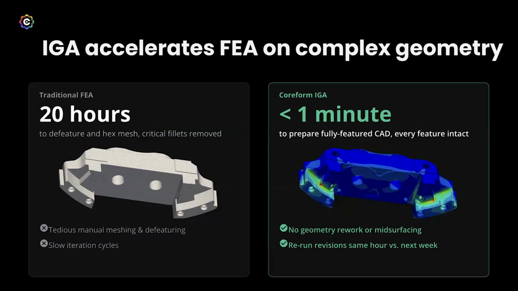It ended up removing the locations, which you can see on the right in the full IGA model, where I've got stress concentrations on some shoulder fillets. Those fillets are gone from my FEA model and would require some post-processing analysis on my end to recover those predictions. Instead, I can just, in less than a minute, have a mesh, run my simulation, and get the results directly on that CAD geometry.